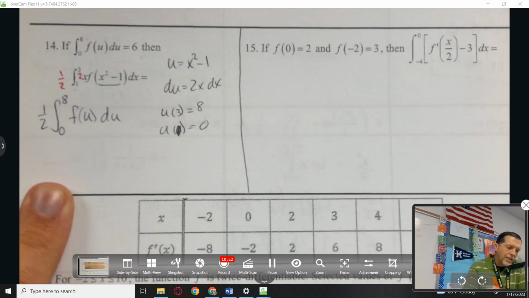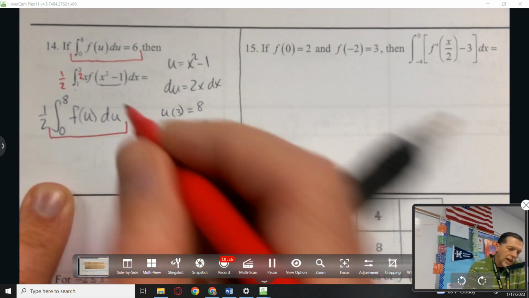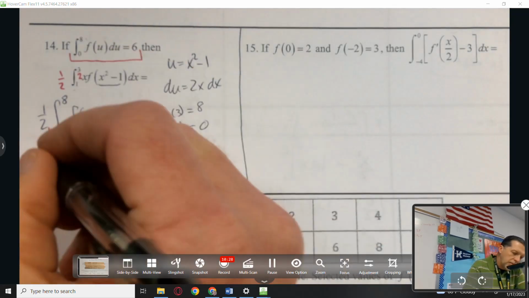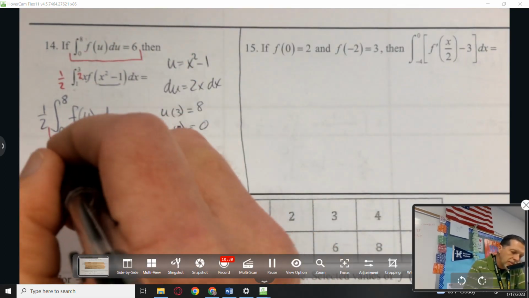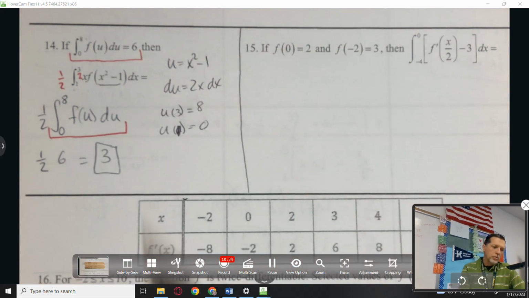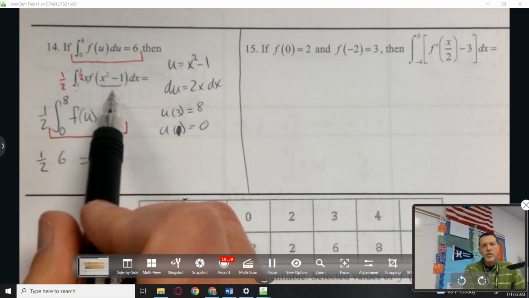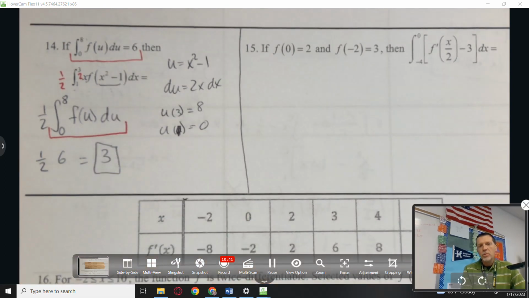And now I see why they gave me this. It looked a little strange at the beginning, but now I understand why they gave me that. So half of 6 is 3. So that one looked really ugly to begin with, but with a key u substitution, it fell out pretty quick.